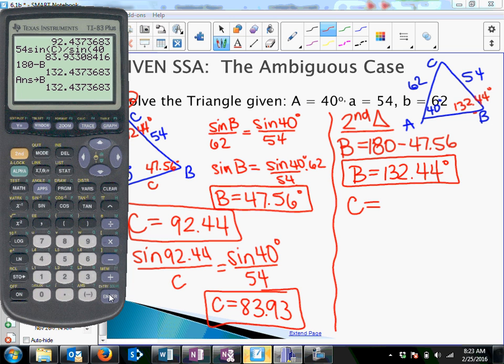Okay, we have two angles we have to subtract from 180. We need to take 180 minus 40 degrees minus our new angle B. Okay, so now this is our new angle C. All right, so I'm going to store it in C if you want.